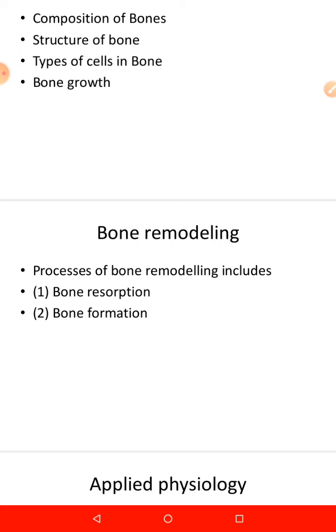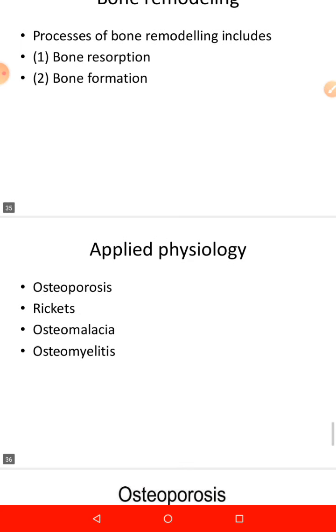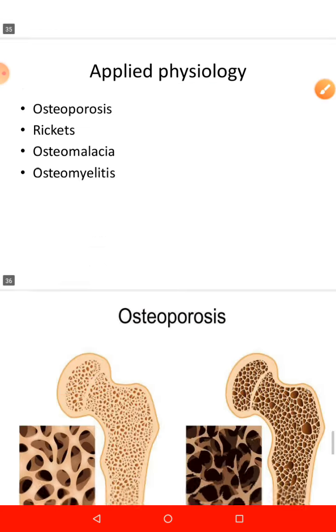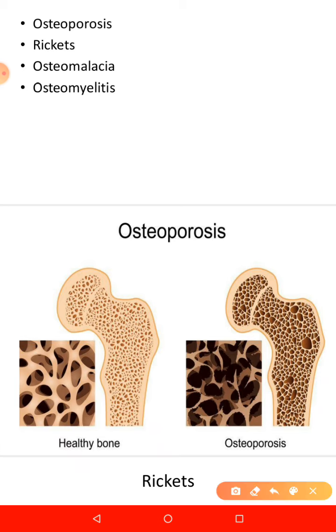Okay. So let's finally define these applied physiology concepts. There's osteoporosis, rickets, osteomalacia, osteomyelitis. What are they? So that when we look at applied and clinical physiology in the coming years, we should be able to understand.